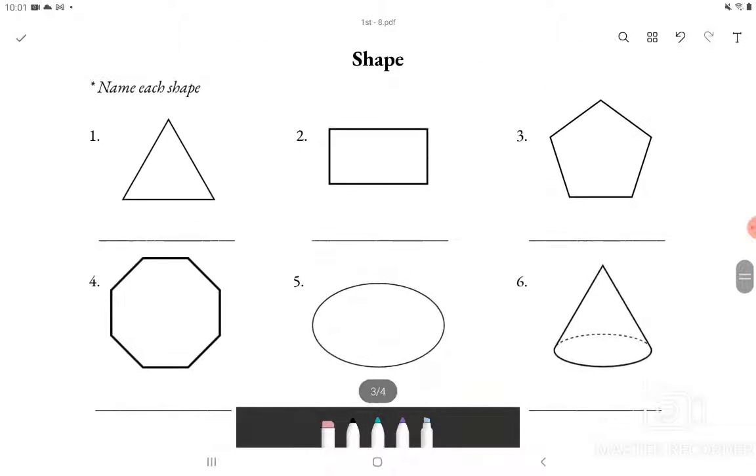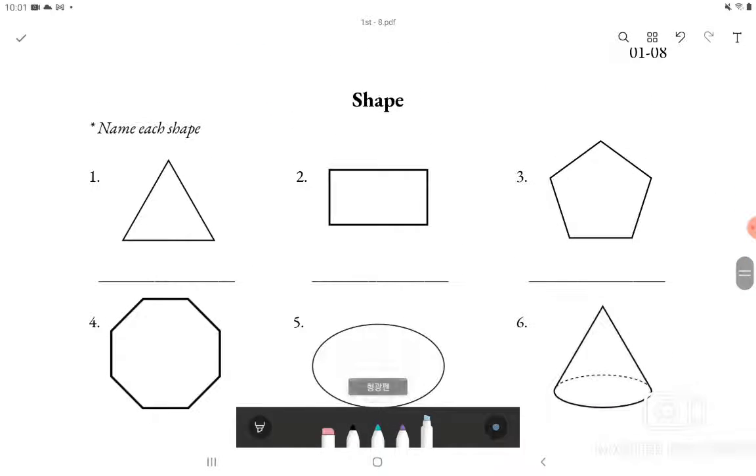Moving on to the next section, we have some shapes. For the first part of it, you just have to name the shape just by looking at the shape itself. So for number 1, we see that there are 3 sides. So when you think of a shape that has 3 sides, we think of a triangle.